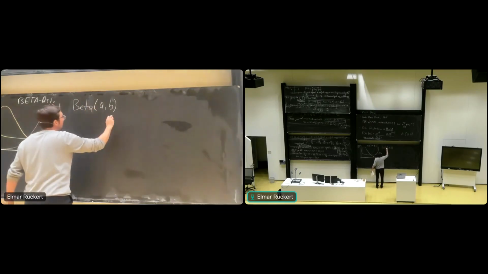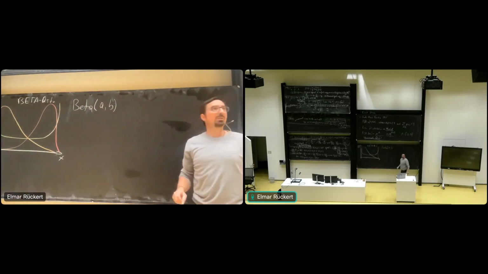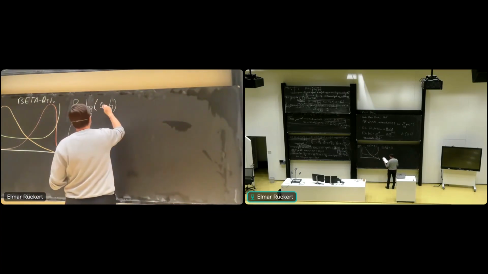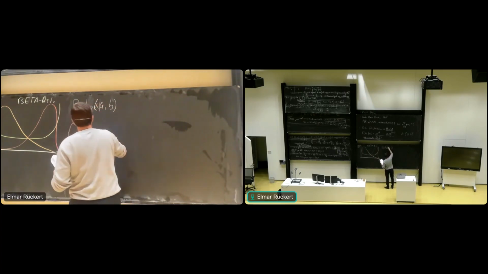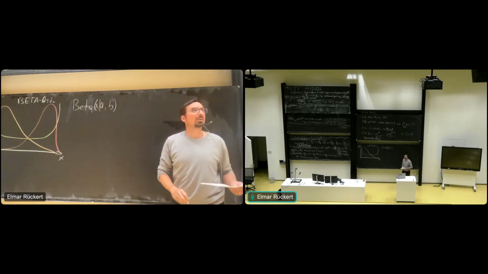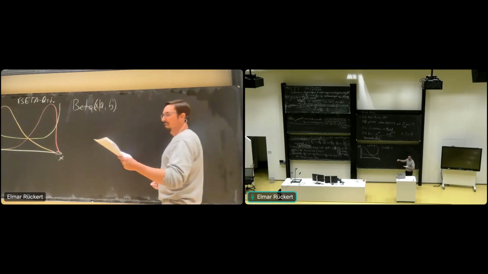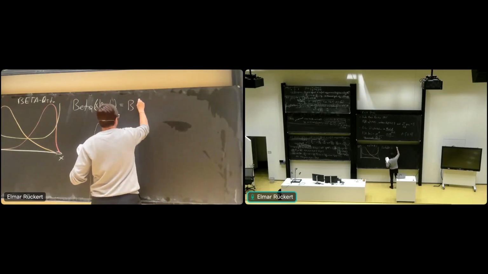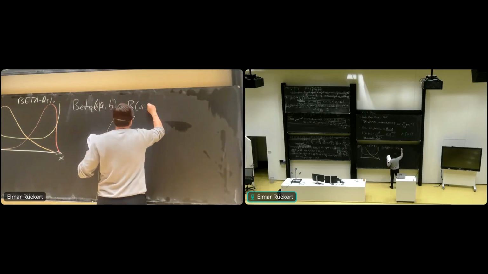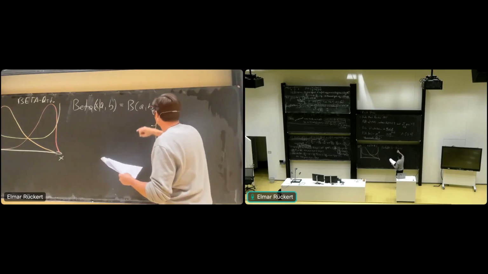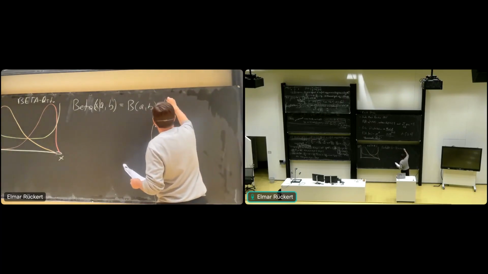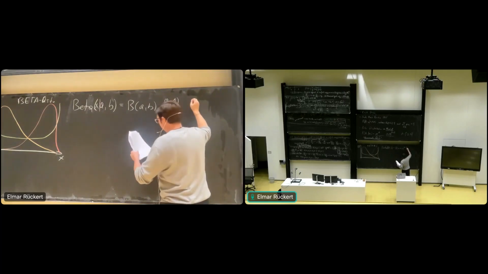So the beta distribution has two parameters, A and B. Actually, we are missing here the random variable x, and our two model parameters A and B. Now it's a real distribution. And it's given by the beta function, which makes use of the gamma function. You find it in the script. I don't define it here. And it is x to the power of A minus 1 times 1 minus x.